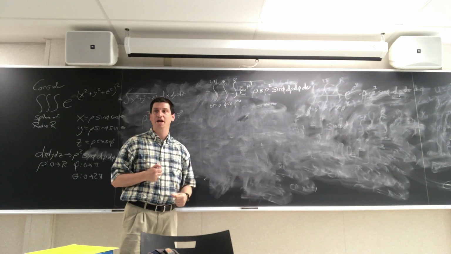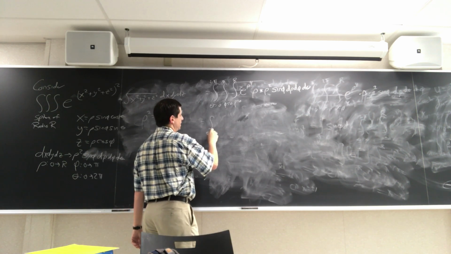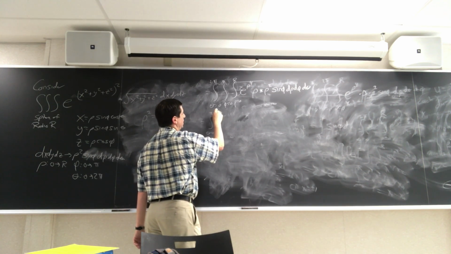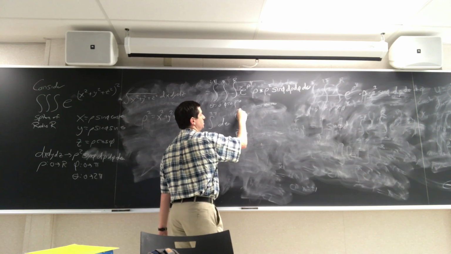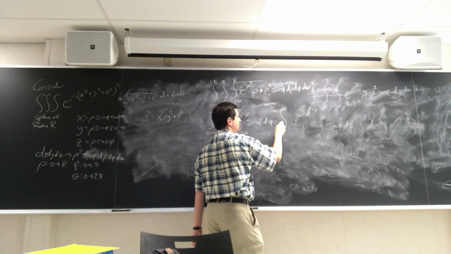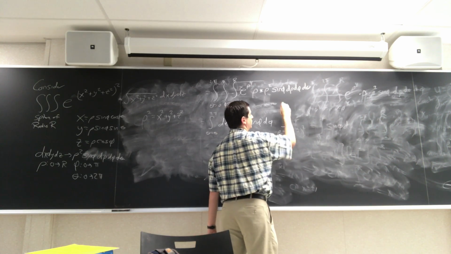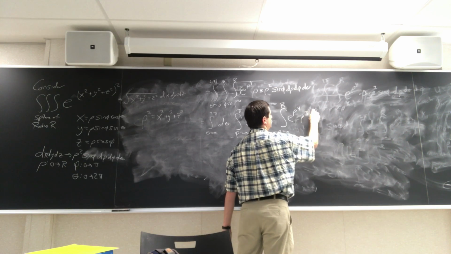I can split this into 3 calc 1 integrals. This is just the integral theta goes from 0 to 2 pi of d theta. The integral phi goes from 0 to pi of sine of phi d phi. And then the integral rho goes from 0 to r of e to the rho to the 4th times rho cubed d rho.